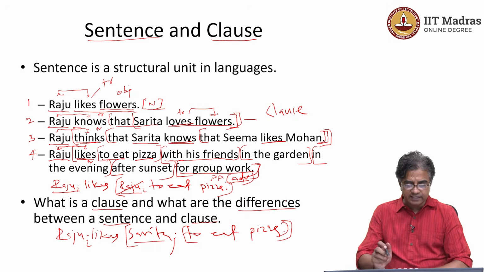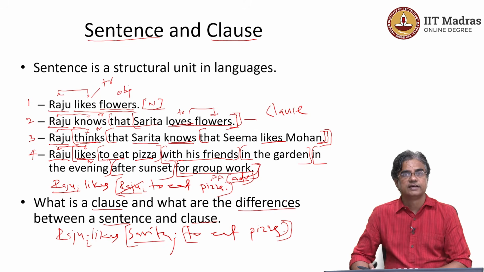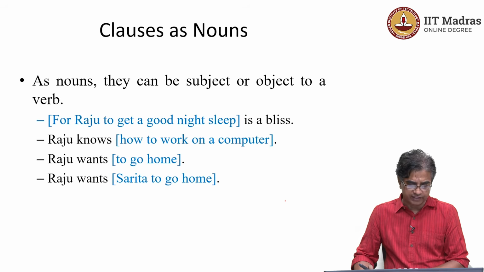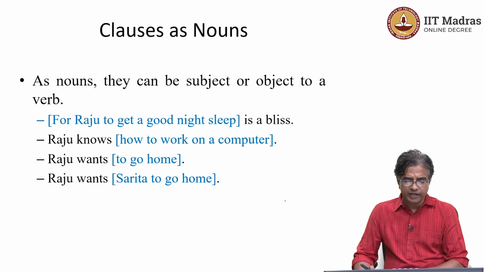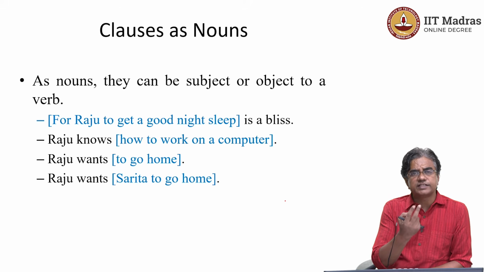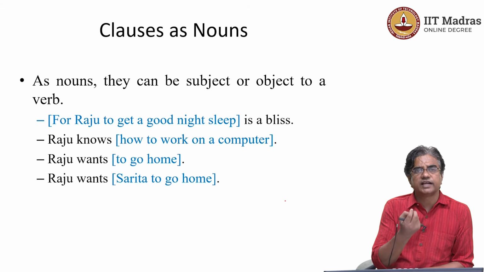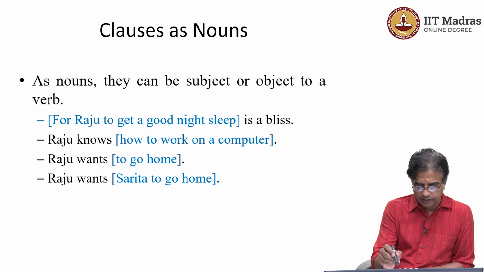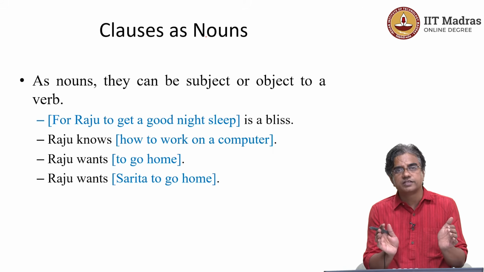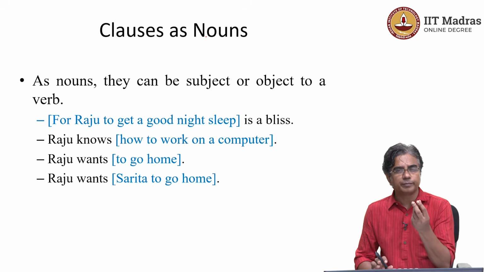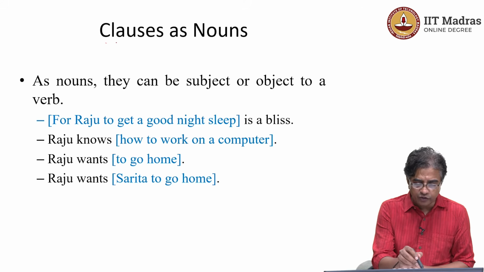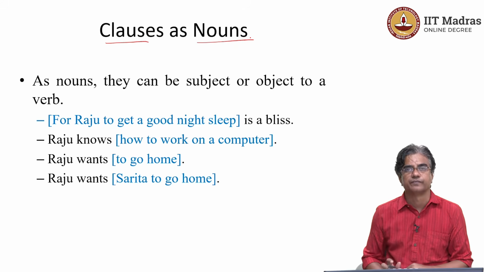We have just seen examples of clauses as objects, but nonetheless, I'll show you a few more examples. But let's look first at a clause as a subject and a clause as an object simultaneously. So the whole thing will be a clause, but because it can be replaced by one simple noun, we are saying clauses as nouns.